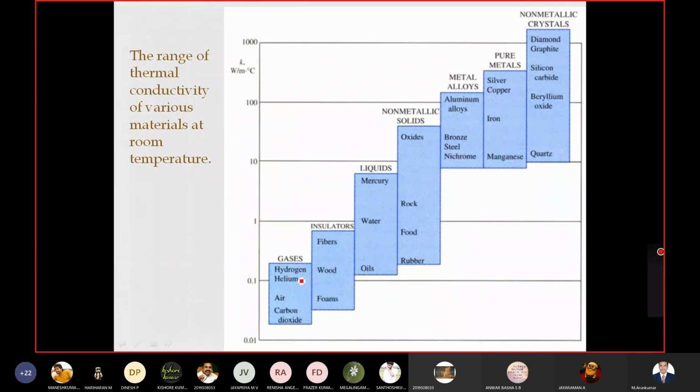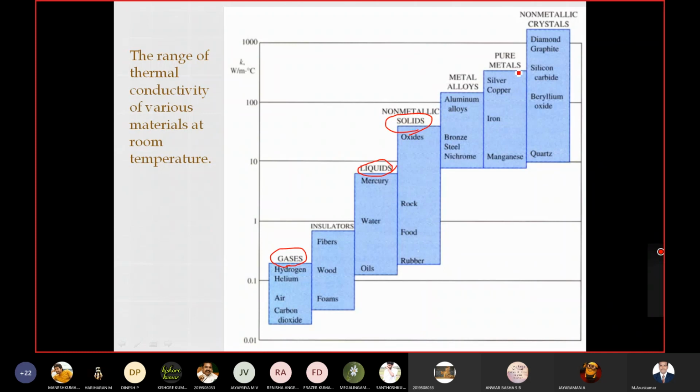Hydrogen and helium, then air, carbon dioxide will be in this range from 0.01 to 0.1. So these will have less heat transfer. Actually, these are gases, right? But in this medium also the conduction will happen. In liquids also the conduction will happen. In solids like pure metals, metal alloys, and non-metallic solids, conduction will also happen.